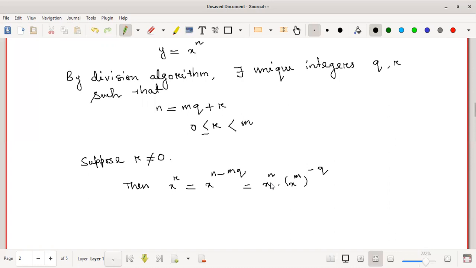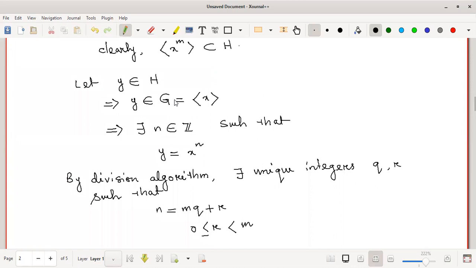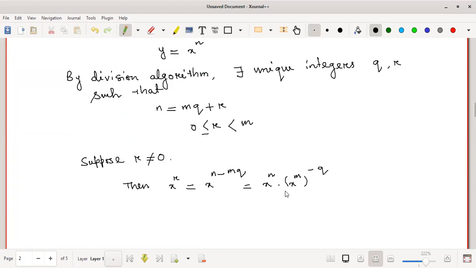Now, where does x to the power n belong to? You have chosen y from H and y equals x to the power n. So x to the power n is an element of H. x to the power m belongs to H, and any power of an element of H is again in H. So this is an element of H, this is an element of H. So this must belong to H. Now, is it possible?